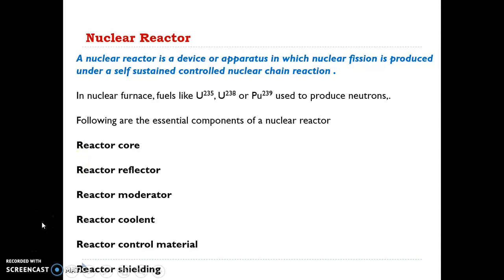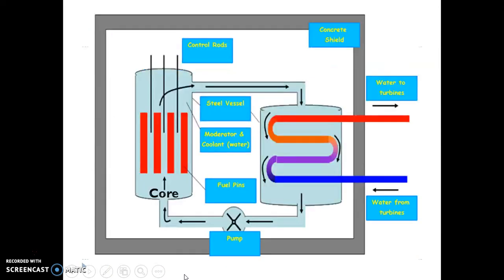And this nuclear reactor has some components. The components list is mentioned over here: reactor core, reactor reflector, reactor moderator, reactor coolant, reactor control material, and reactor shielding. How these parts are arranged and what is their function, we are going to see here.